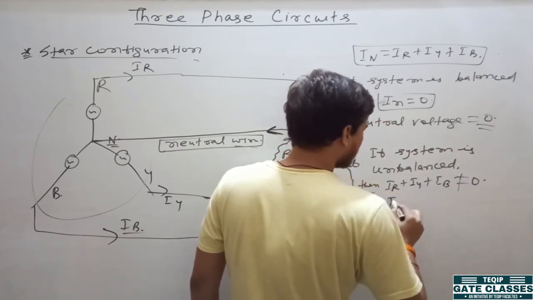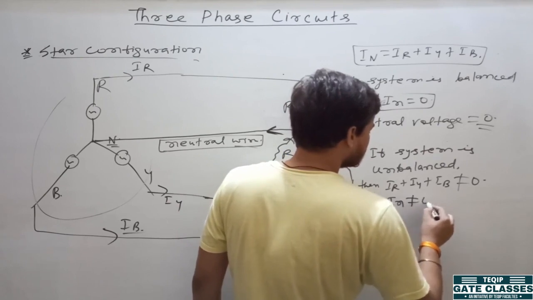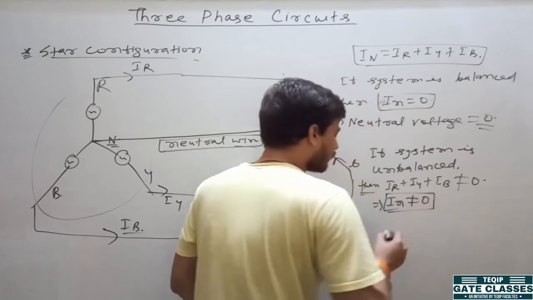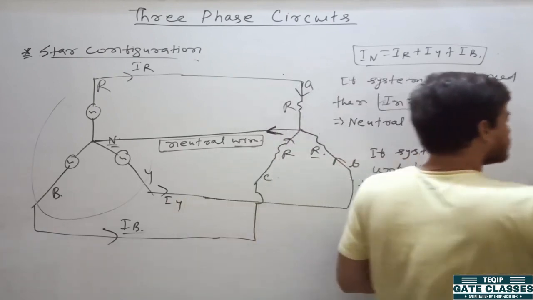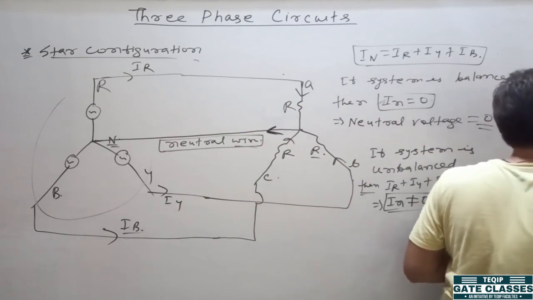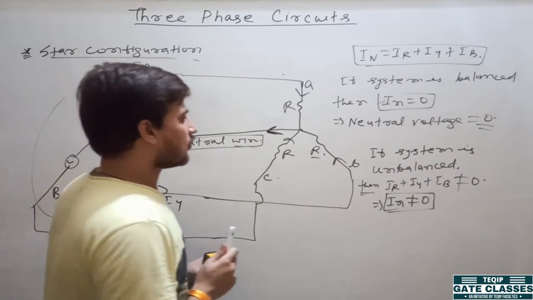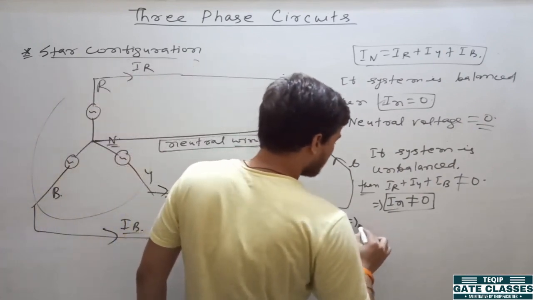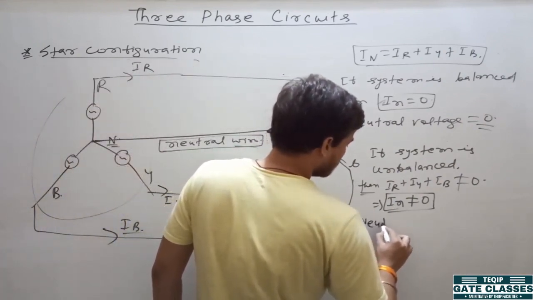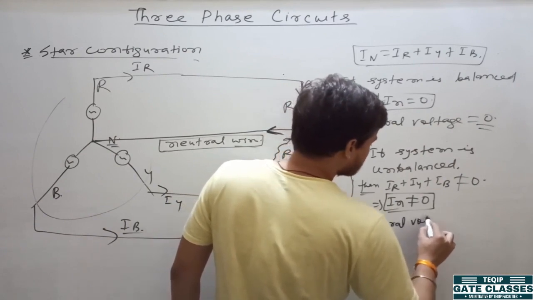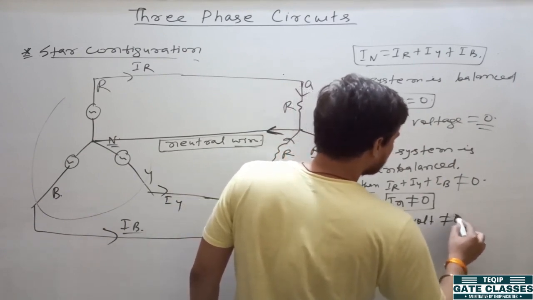That means IN is not equal to 0. If IN is not equal to 0, then there will be some voltage on this neutral wire also. Then you write, neutral voltage will also be not equal to 0.